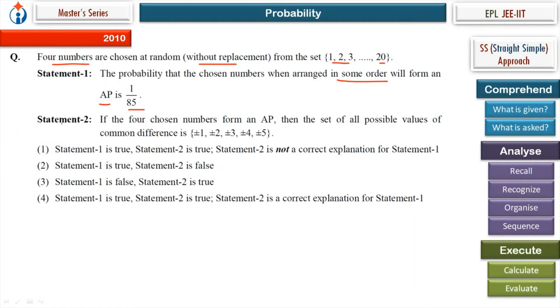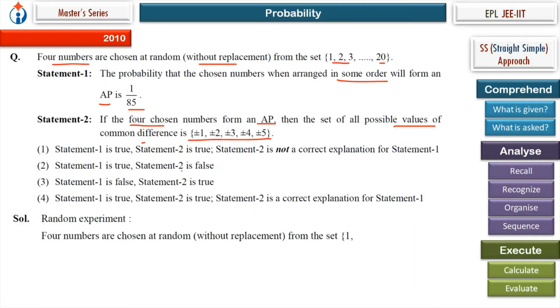Now statement 2: if the 4 chosen numbers form an AP, then the set of all possible values of common difference is this. So now it's clear that I have to first find the possible values of common difference. Then we will look for the event that the numbers are in AP and the probability of that.